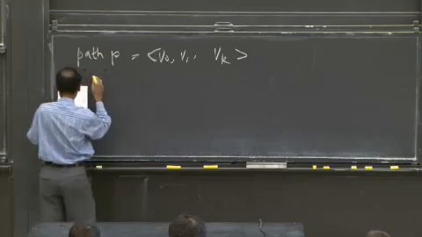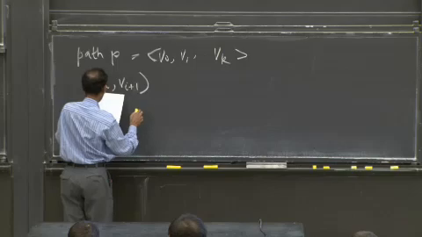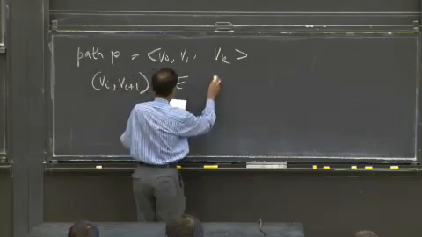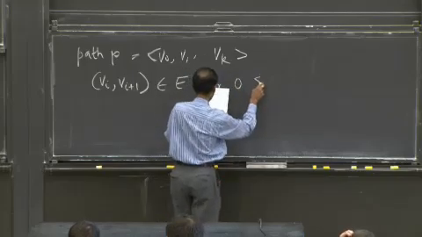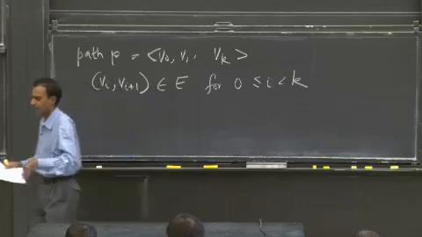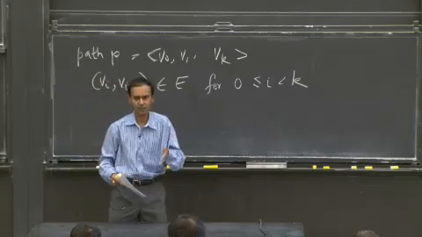And this is a path if (Vi, Vi+1) belongs to E for 0 less than or equal to i less than k. Right? So a path is a sequence of edges, and each of those edges has to be in the graph, has to be in the set of edges E.